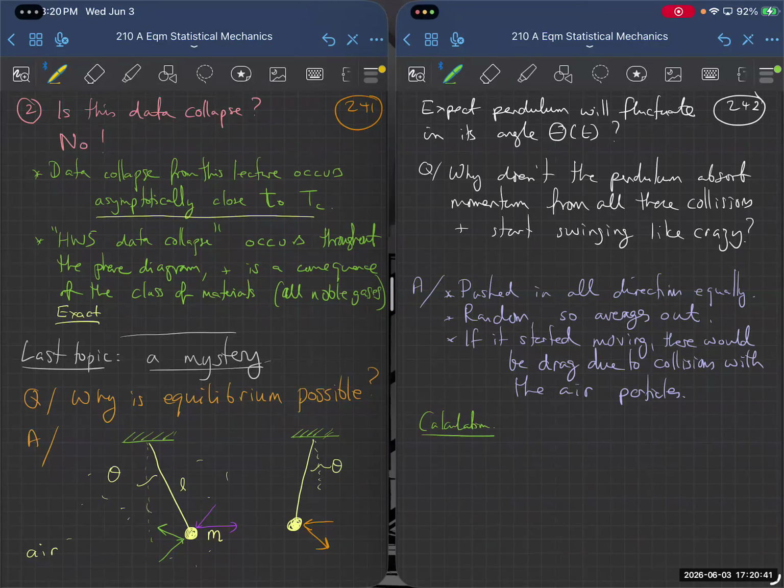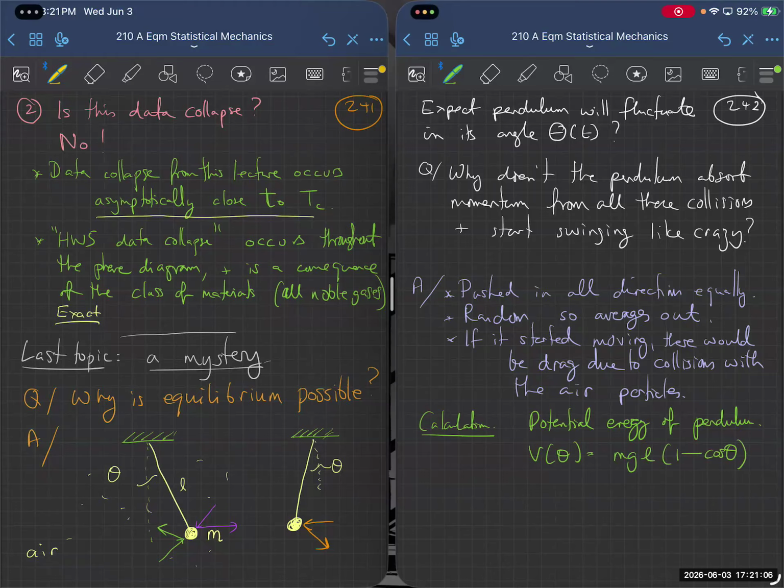Okay, and we can do a calculation like this. Suppose I write out the potential energy of the pendulum. We know that the potential energy, I'll just write it down for you, is mgl times 1 minus cosine theta.